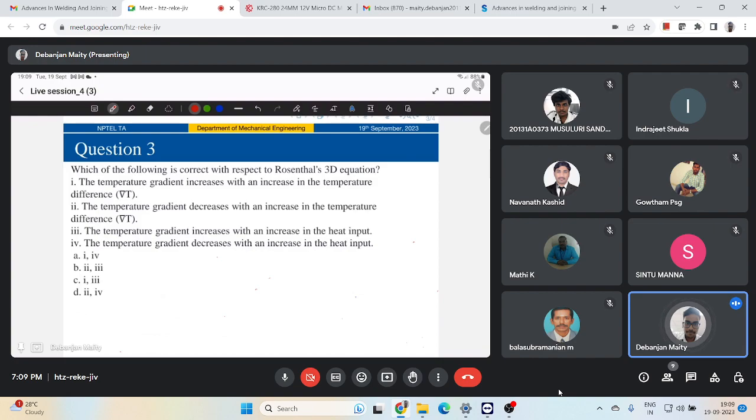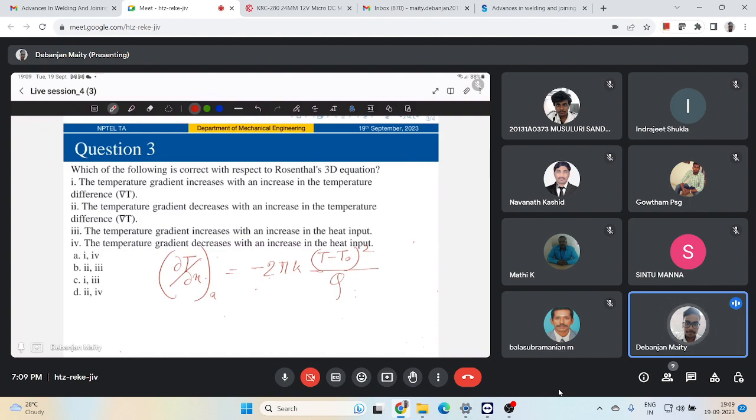So the temperature gradient del T by del x is equal to minus 2 pi k (T minus T naught) whole square, divided by Q. It says the temperature gradient increases with an increase in the temperature difference; next, that it decreases with an increase in the temperature difference; then that it increases with an increase in heat input, or decreases with an increase in heat input.